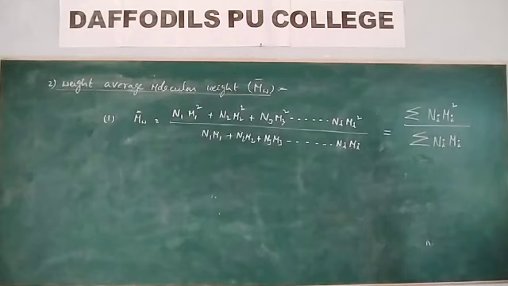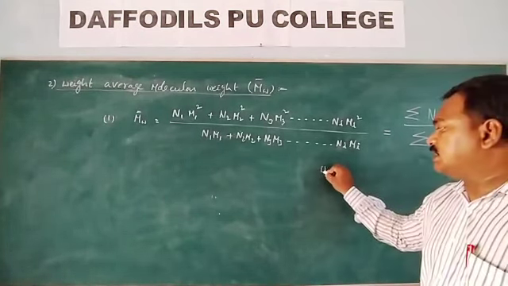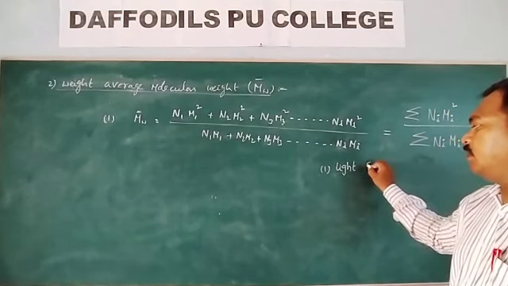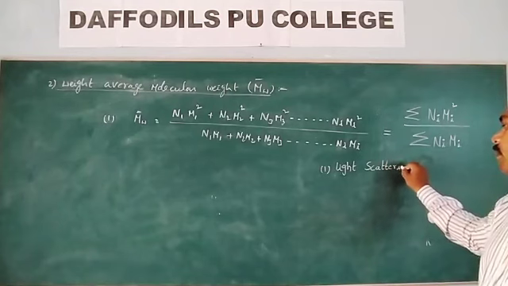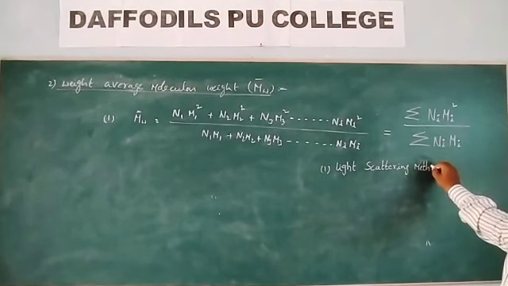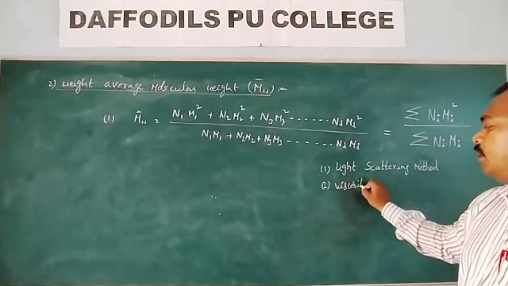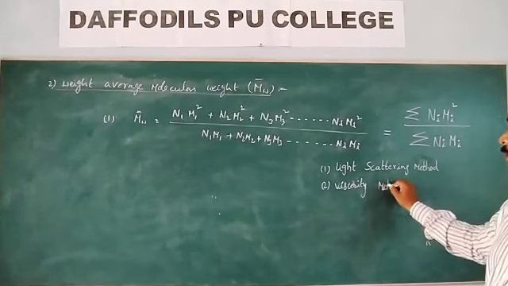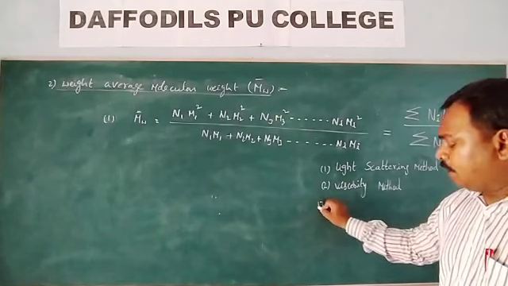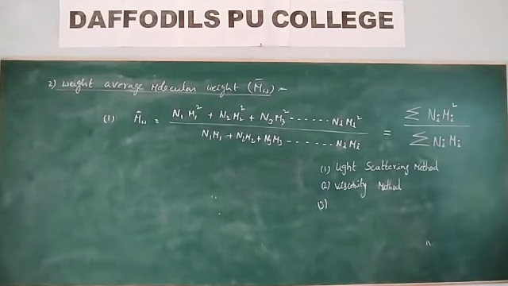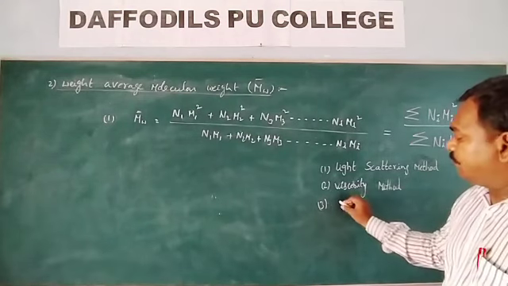Weight average molecular weights are identified by the light scattering method, number 2, the viscosity method, and number 3, the ultracentrifugation method.